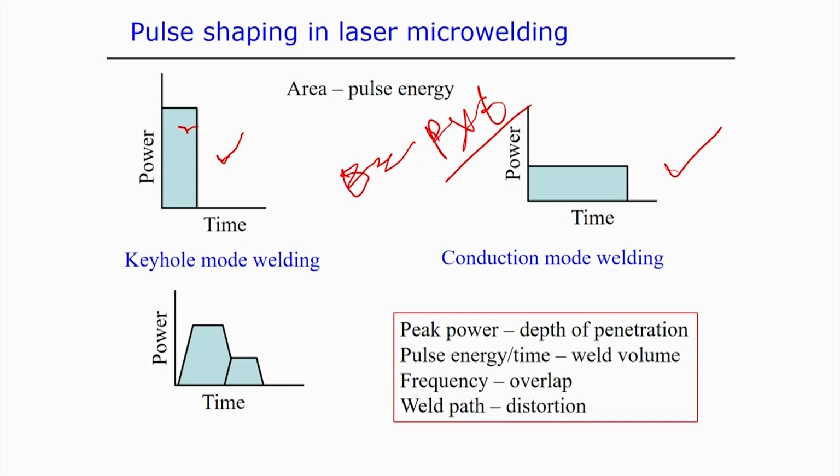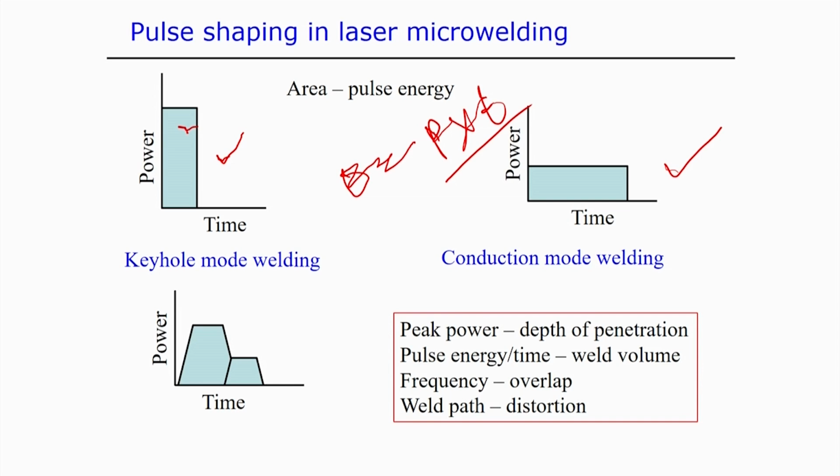This type of pulse is suitable for the conduction mode welding process, because in conduction mode welding the peak temperature is relatively less and the power density we control is relatively low, so that it may not vaporize the substrate material. So that type of pulse is very suitable for conduction mode welding processes.